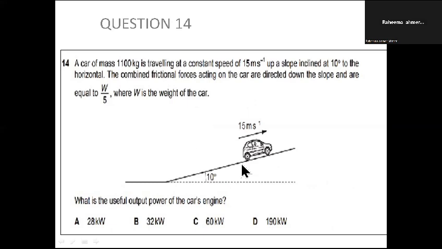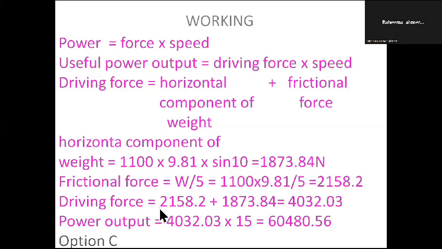So what would you do? You would divide the weight, which you have already calculated in the upward expression, by 5. So you would get the frictional force. Now, as we have written the expression upwards, you would just use that expression. Driving force is equals to the frictional force and the horizontal component of the weight.